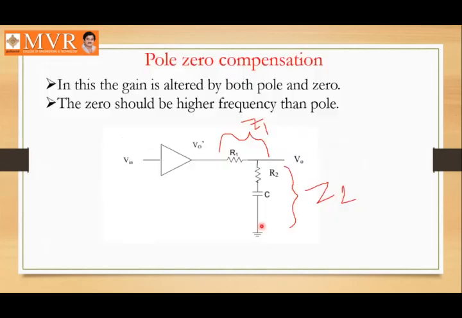R1 and R2 are selected such that R2 must be very much greater than R1, so that the factor becomes 1 and when it is multiplied with the gain, it is negligible.